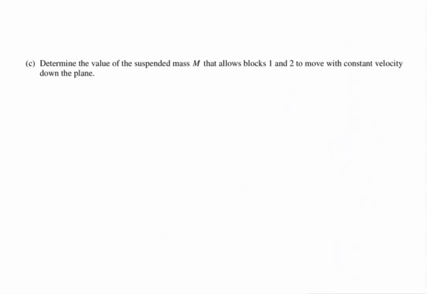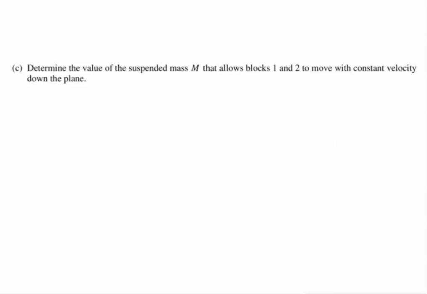Now on the next page we have this problem right here. I'm not going to get into the individual solutions, but I am going to give you some guidance. We're going to use the same format as before, using algebra for each of these solutions. In this case, when they ask you to determine the value of the suspended mass m that allows blocks 1 and 2 to move with constant speed down the plane, I'm telling you that you're going to have to do 2 free body diagrams.